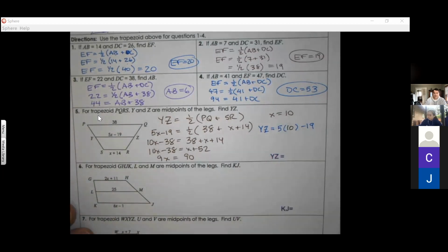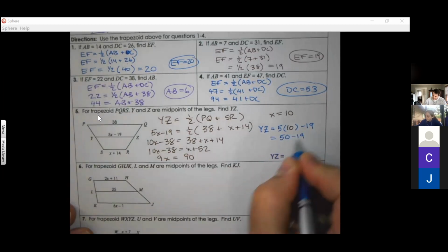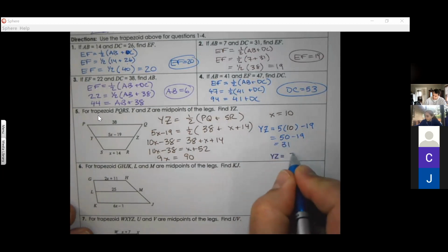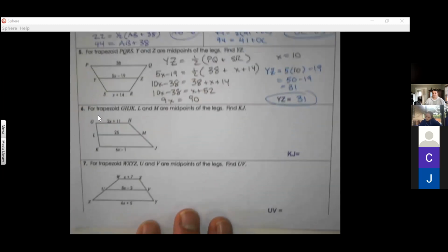So I can substitute that. 50 minus 19, or 31. YZ is 31. Any questions on number 5? Your turn. 6 and 7, please. Do those yourselves.